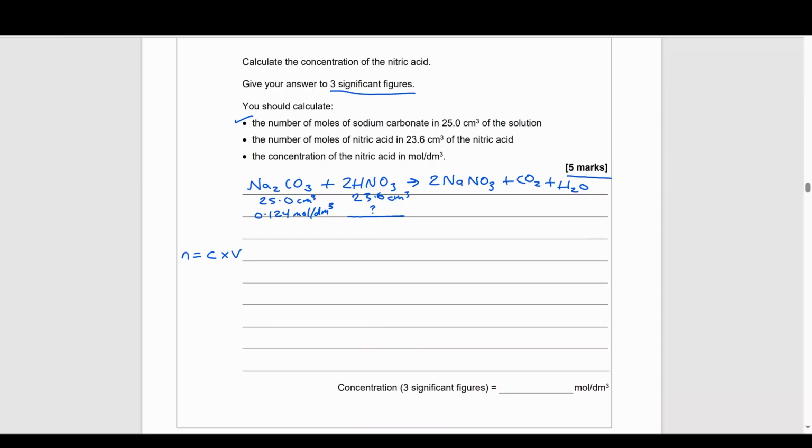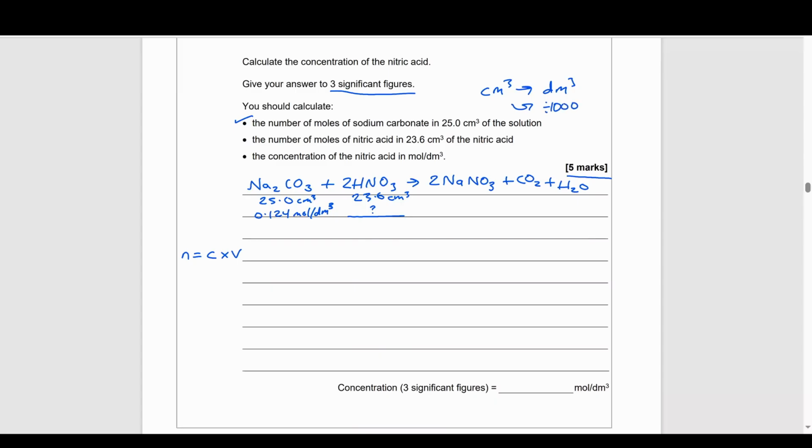However, the problem that we have right now is that we can't take the two numbers as they are and put them into the equation because there's a difference in the unit, specifically the unit of volume. So what we're going to do first is we're going to convert our volumes into decimeter cubed for them to then be used in the equation. So 25 centimeter cubed, we want to find that in decimeter cubed now. So to convert centimeter cubed to decimeter cubed, we need to divide by 1,000 always.